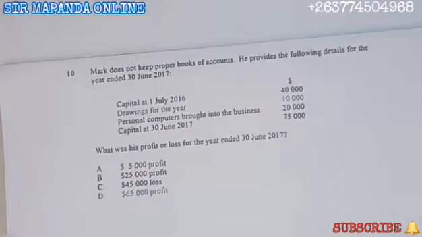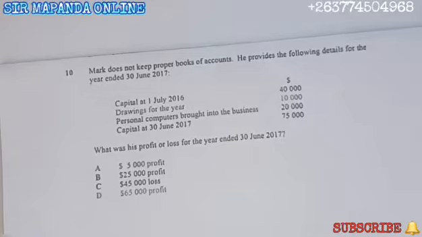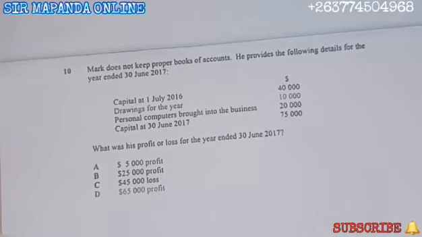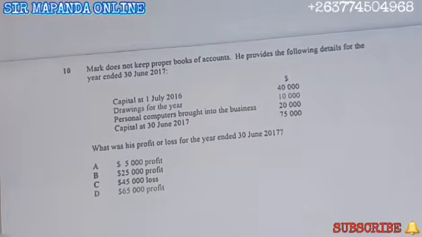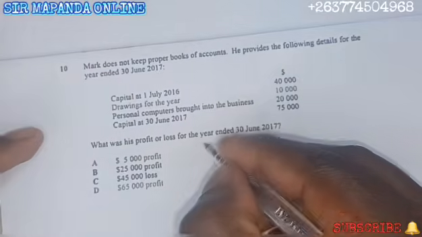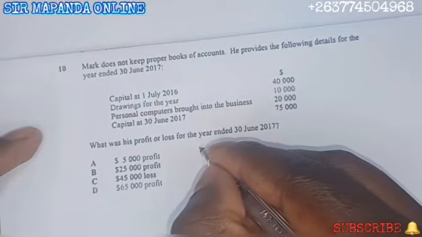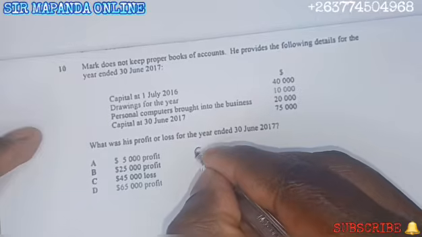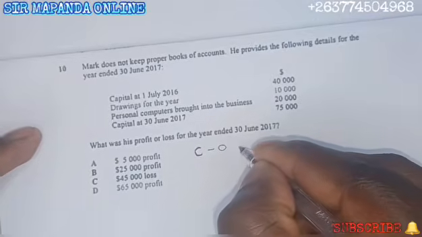Mark does not keep proper books of accounts. He provided the following details for the year ended 30 June 2017. What is the profit or loss for the year ended 30 June 2017? So we use the formula, the CODA formula.